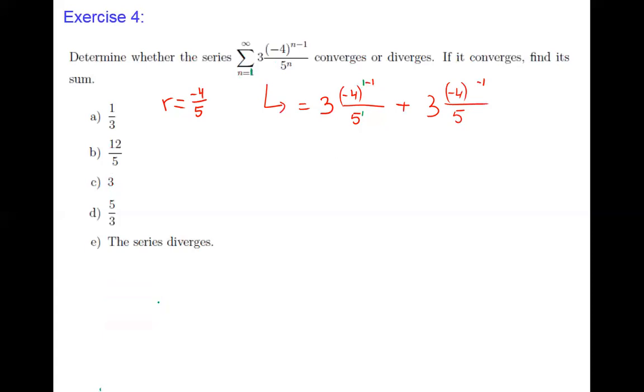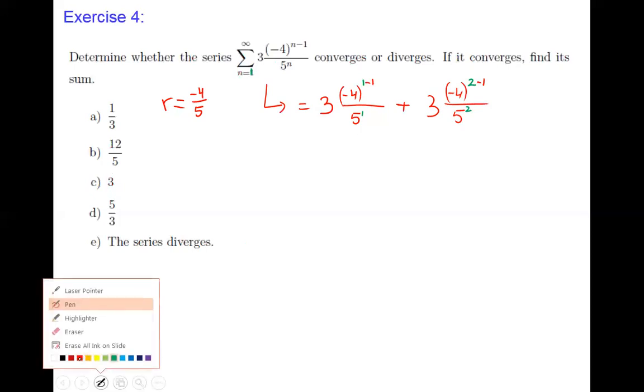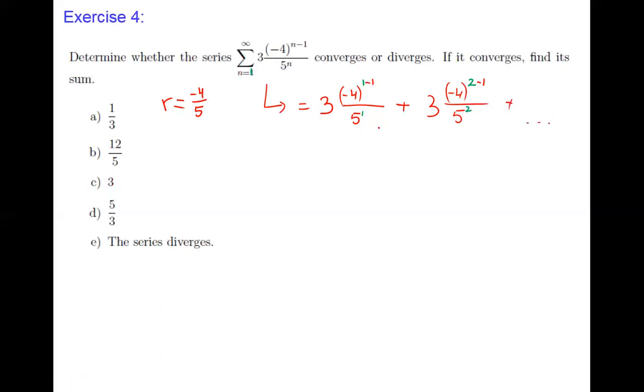I can just use a different color, instead of n, 2, and so on. That means I can compute all of the terms. Let's compute the first one. Negative 4 to the power of 0 is 1. That means 3 over 5. And negative 4 to the power of 1 will be negative 4.